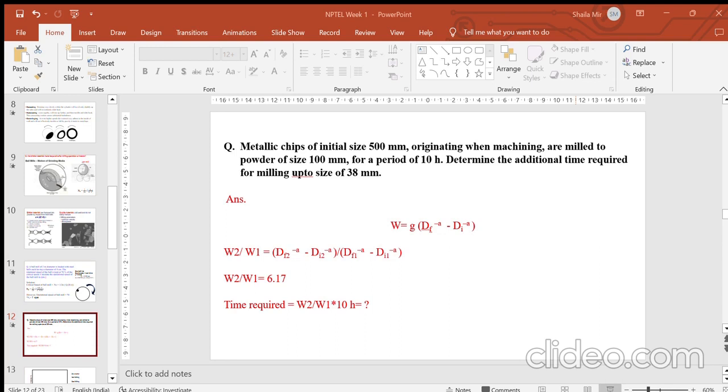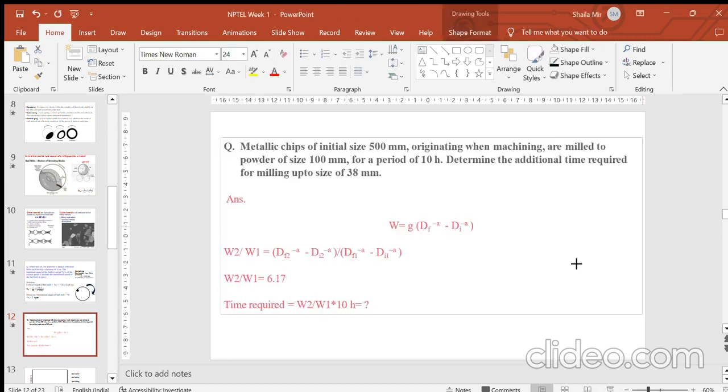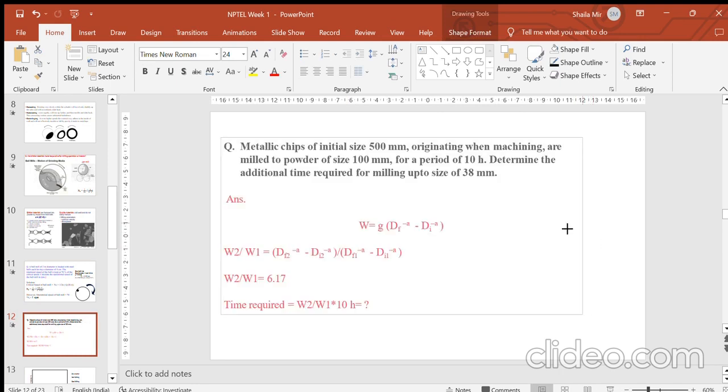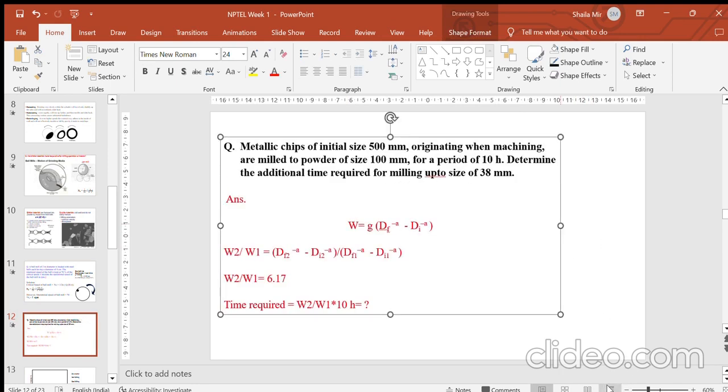So the next problem is that for metallic chips of initial size 500 mm. So you have metallic chips of size 500 mm, and after they are machined, they are milled to a powder size of 100 mm.